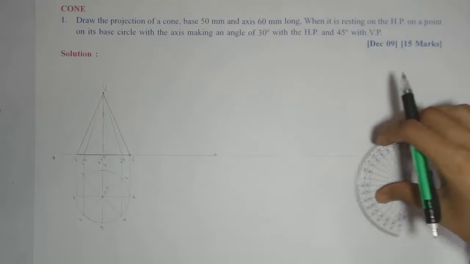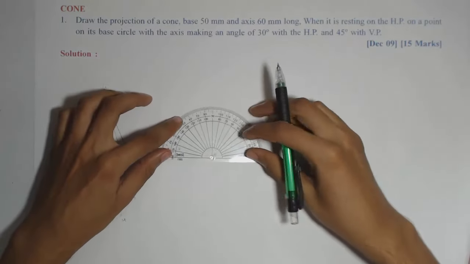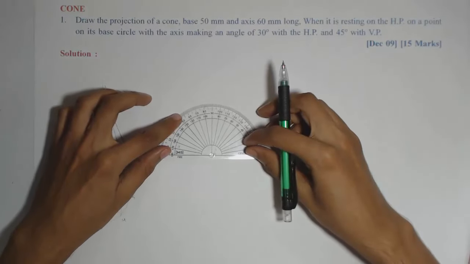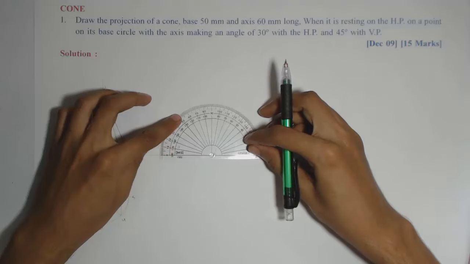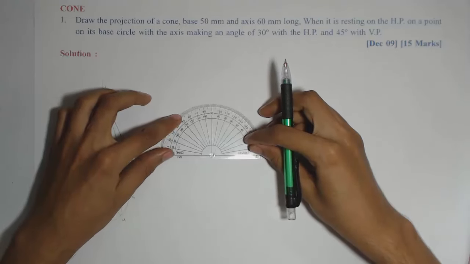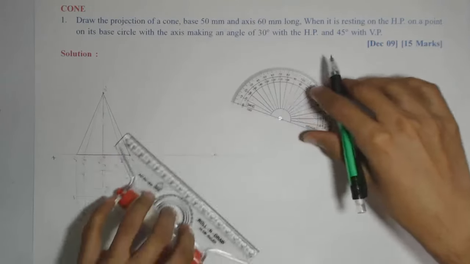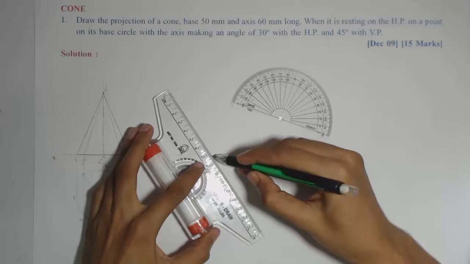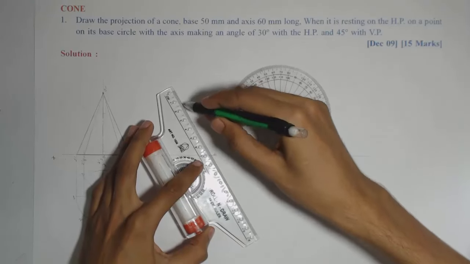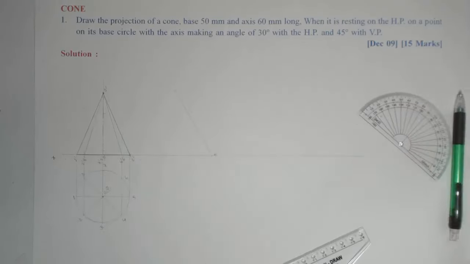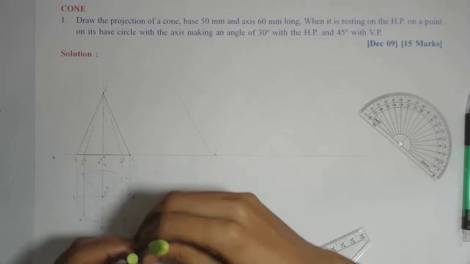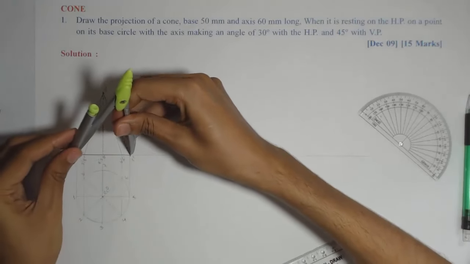So with 5 dash, instead of marking 30 degree, we will mark 60 degree to draw base first. Then after drawing perpendicular axis to the base, that will obviously give me angle of 30 degree. So first I will draw angle of 60 degree to mark the base on that. So I'll take this base 5 dash to 1 dash on that 60 degree line.